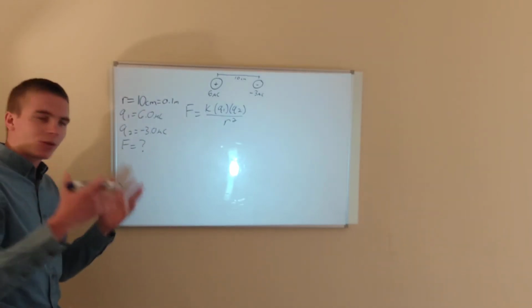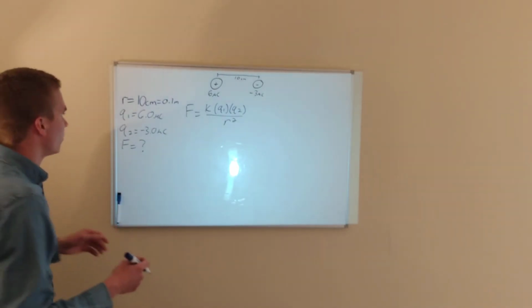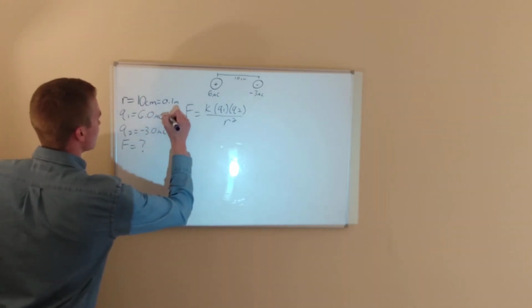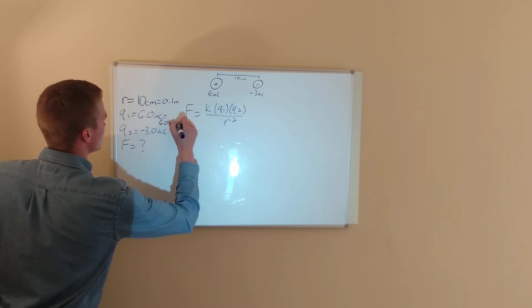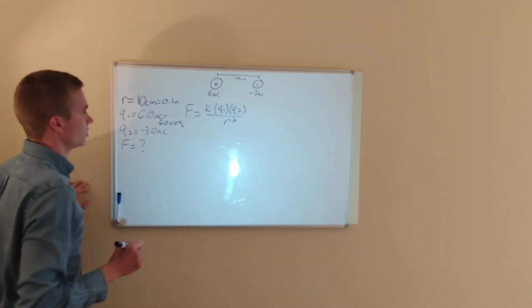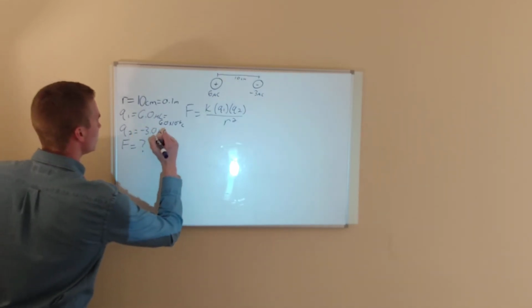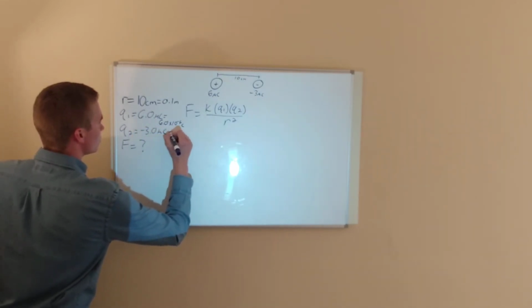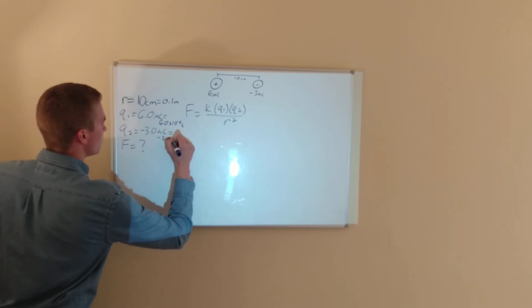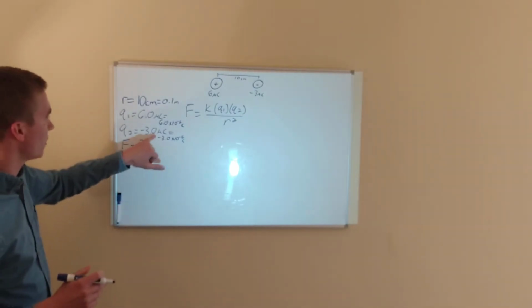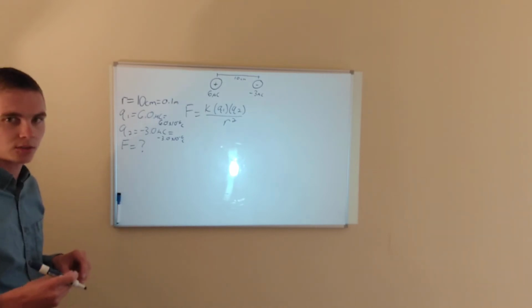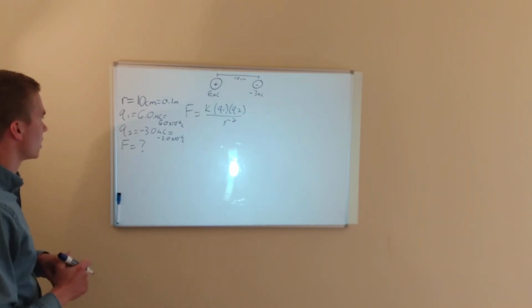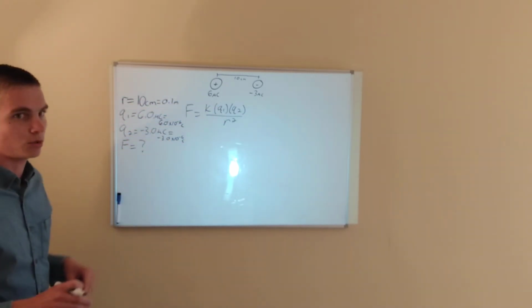Remember those SI prefixes, we can rewrite this as 6.0 times 10 to the negative 6 coulombs. I can do the same thing down here. Q2 is going to be equal to negative 3.0 times 10 to the negative 6 coulombs. So we just went from microcoulombs to coulombs, and we need to get everything in terms of coulombs to substitute.